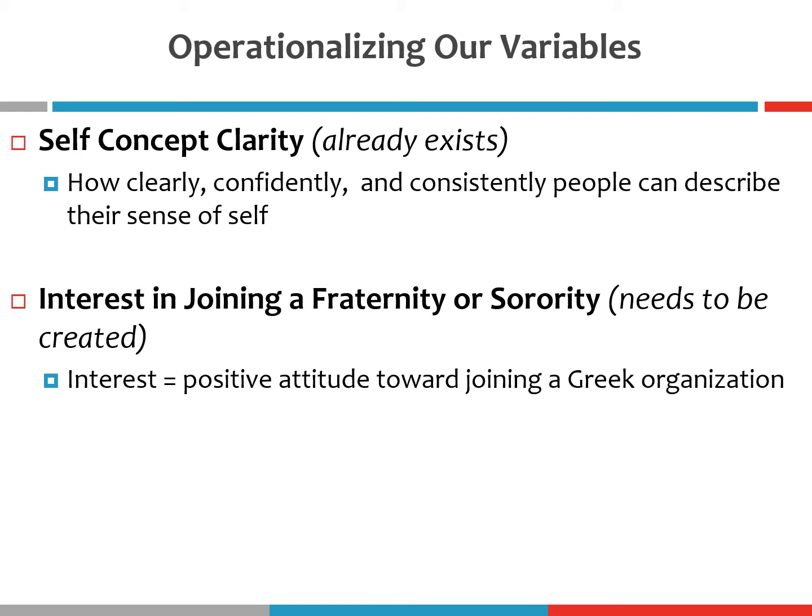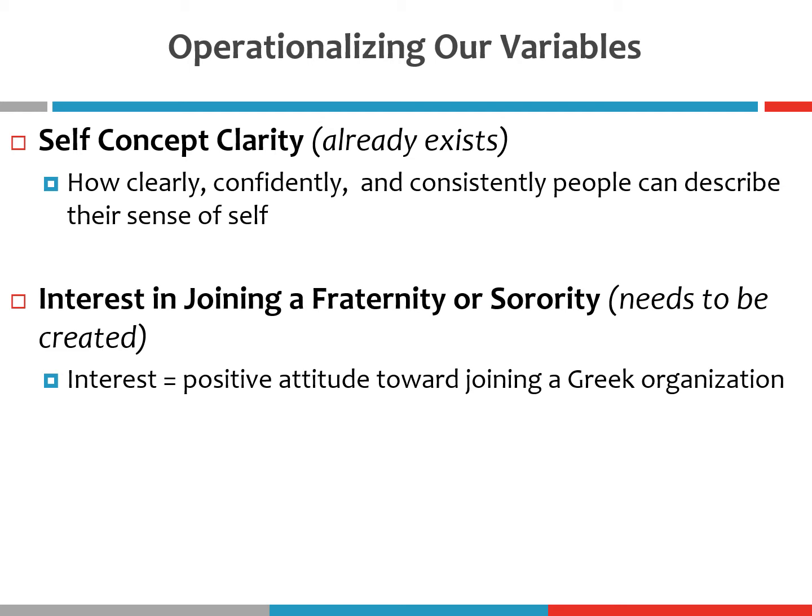But like I said, for a lot of people, who they are might change dramatically depending on the circumstances, or they might just have kind of a vague sense of who they are, right? Okay, so we already have a survey or questionnaire that we can administer to assess self-concept clarity, right?